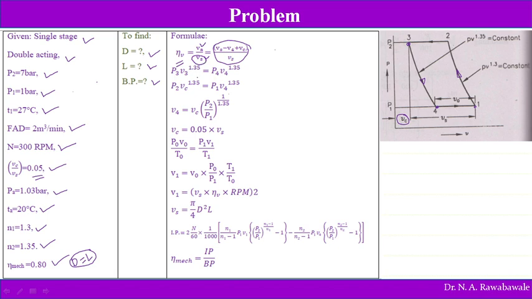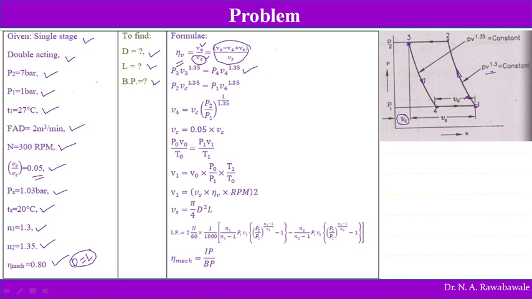Now here, 1 to 2 is compression and follows the law PV to the power of 1.3, whereas expansion follows the law PV to the power of 1.35. So P3V3 to the power of 1.3 is equal to P4V4 to the power of 1.35.